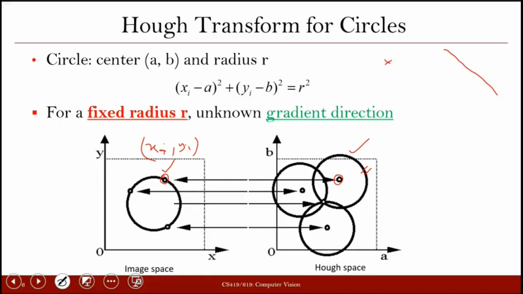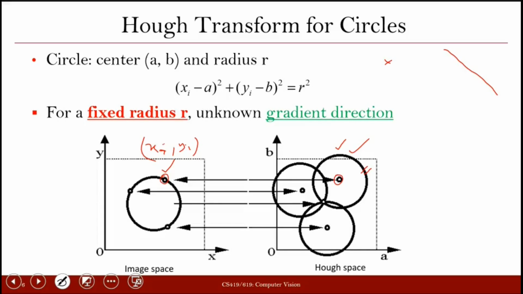Okay, this is xi and yi. So we can say that with respect to this xi and yi, when we have plotted this circle, whatever points fall below this circle in this Hough space, all of them get 1 vote.